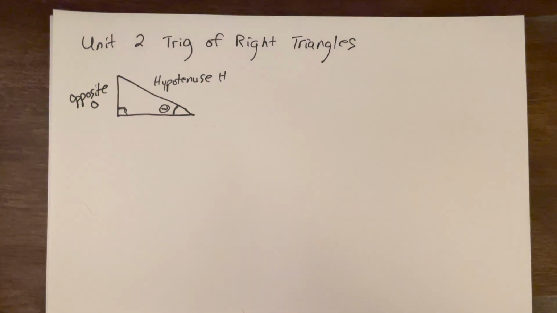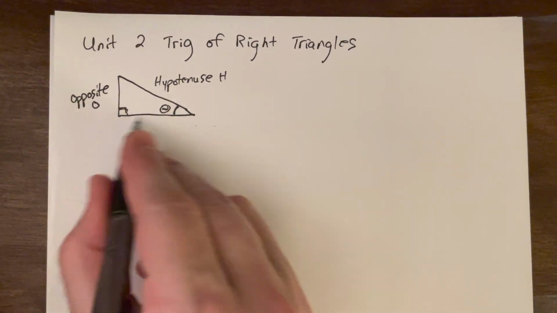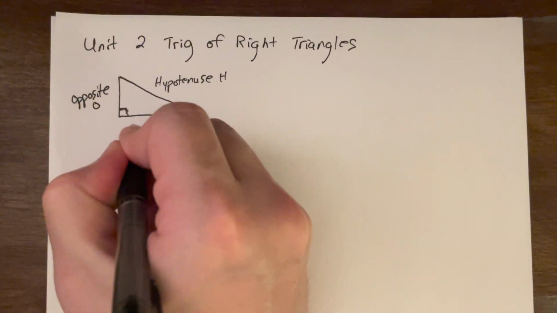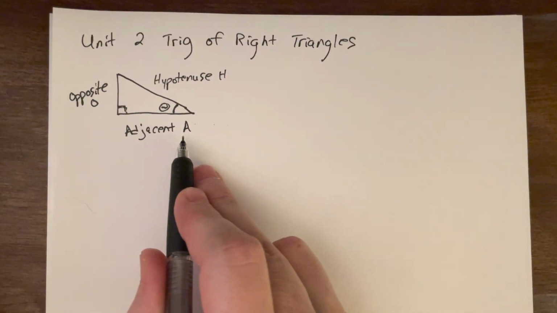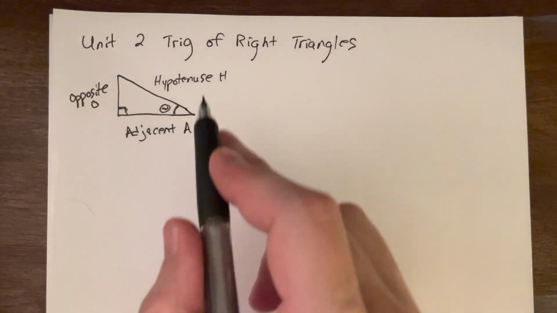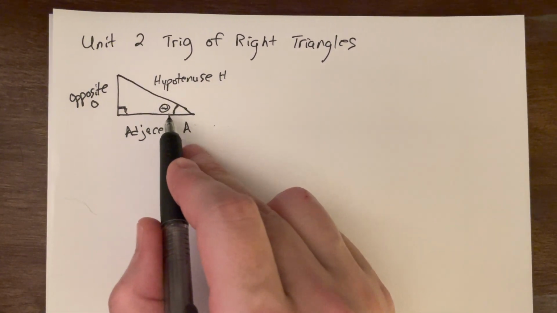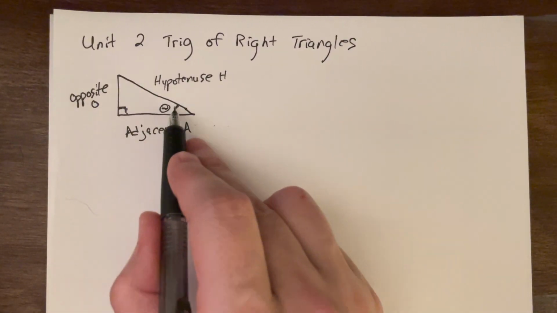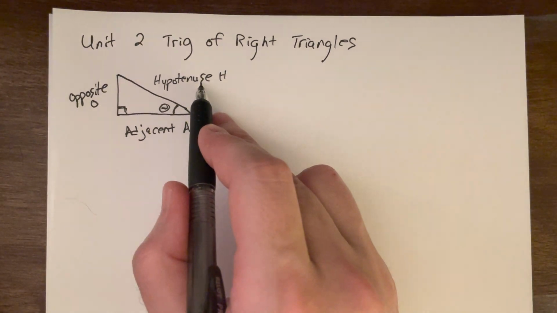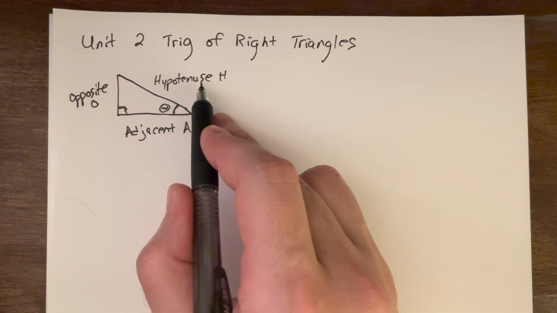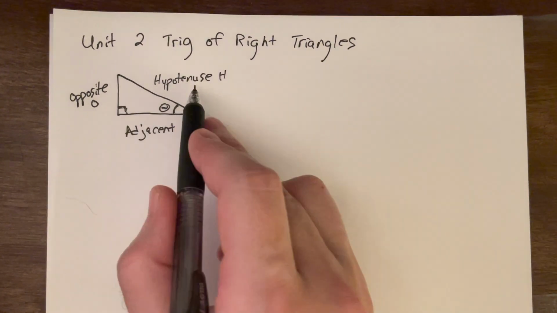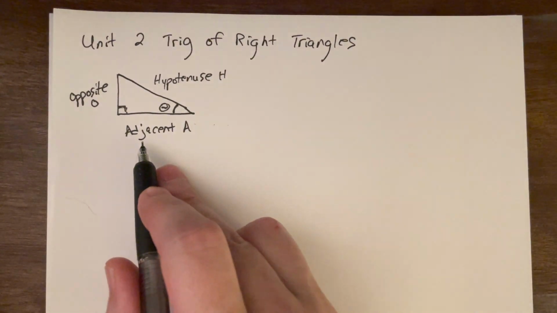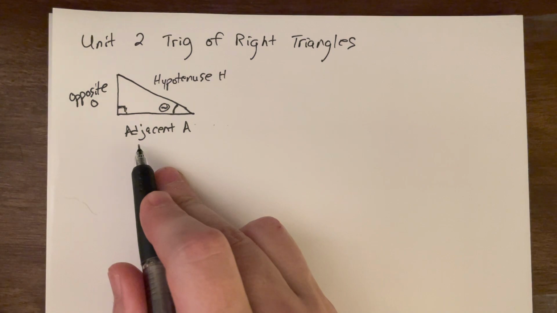We use O for opposite. And then this last side, this third side, is the adjacent side. And we use A for adjacent. The adjacent side is the side that connects to angle theta that is not the hypotenuse. But for most people, they just do it the same way we did. You identify the opposite and hypotenuse. Those are quick and easy. And the adjacent is the third side.